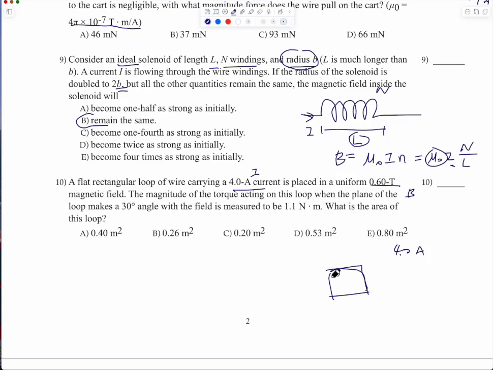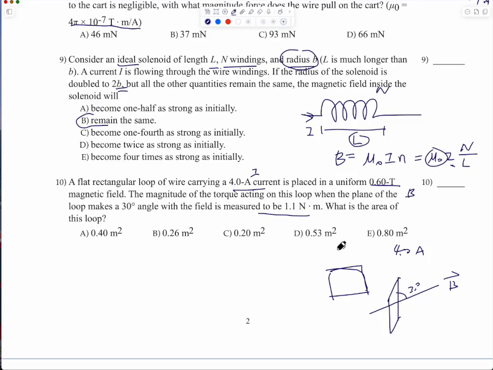So this is the plane of the loop, and the field B makes a 30 degree angle with it. What is the area of this loop?